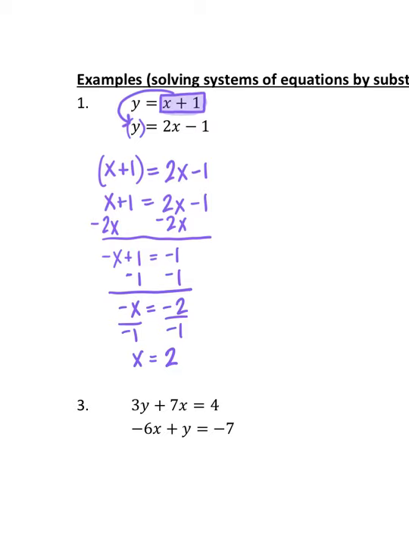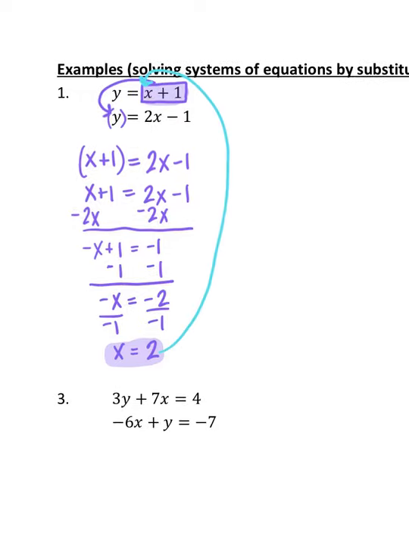So I'm going to take this x equals positive 2, and I'm going to plug it in for x. And I'm just going to plug it into equation number 1. So now I have to solve for y.